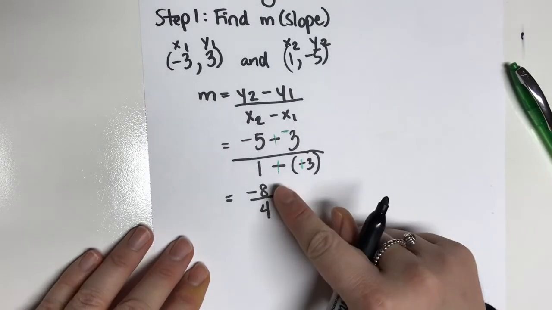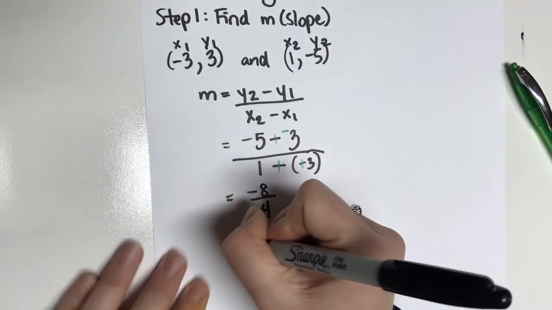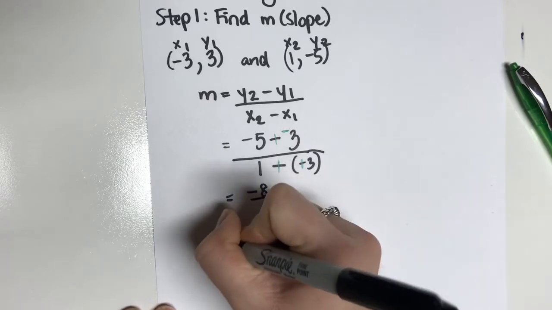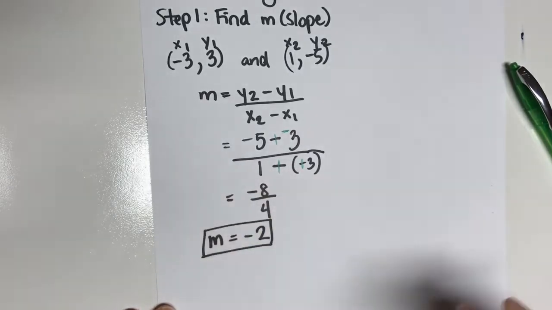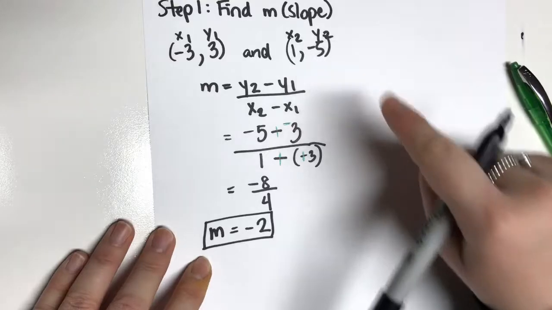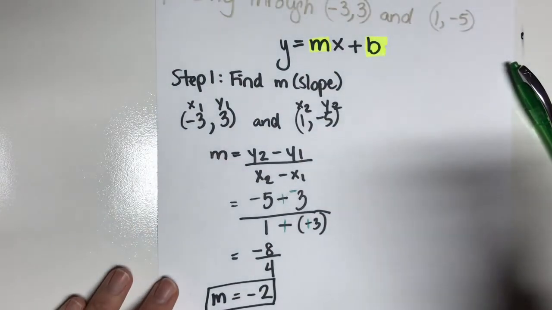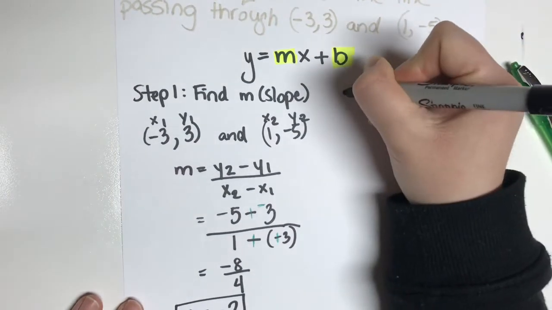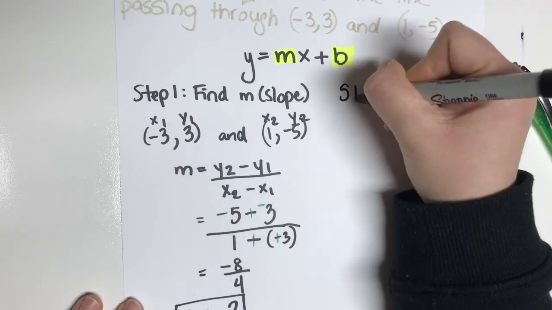Now I can simplify. -8 divided by 4 is -2. So I have my slope. That's one part of the equation. Step 2 is to find the y-intercept.